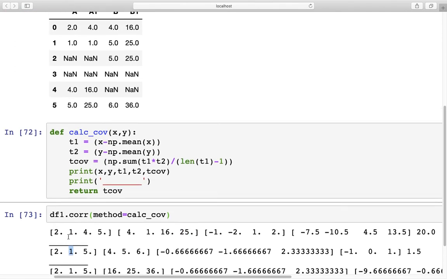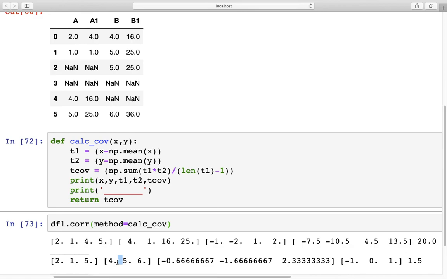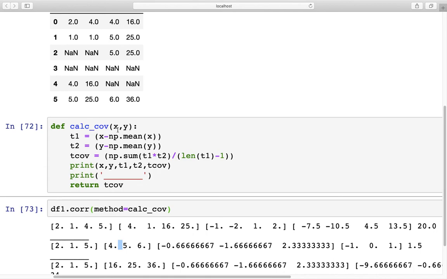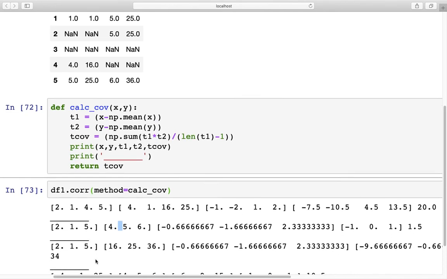Then column A is compared with column B. The reason it's only 3 values is because the rest are NaNs. Both columns should have some value. It cannot be NaN in either of those columns. So that's why you just have 3. Then so on and so forth.